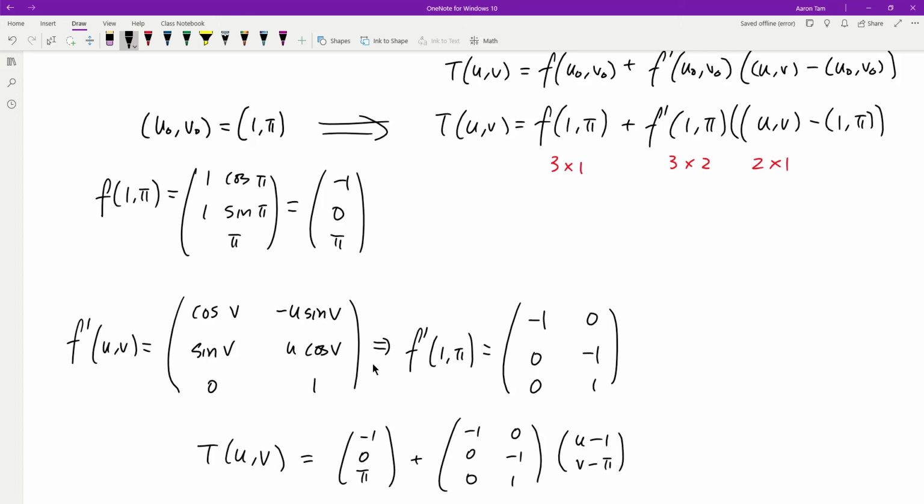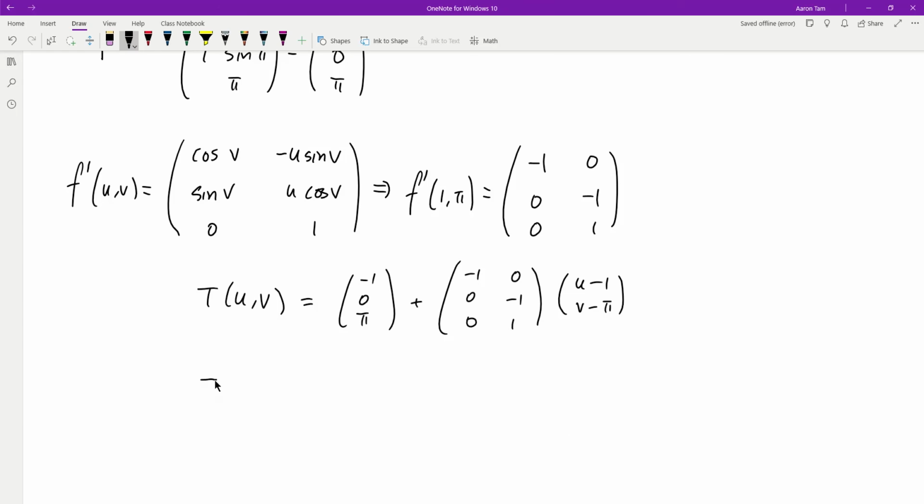And you have to write it this way so they can multiply properly. So now I'm ready to form my tangent approximation. That will be (-1, 0, pi) plus, so that times that would be negative u plus 1. This would be zero. This would be v minus pi.